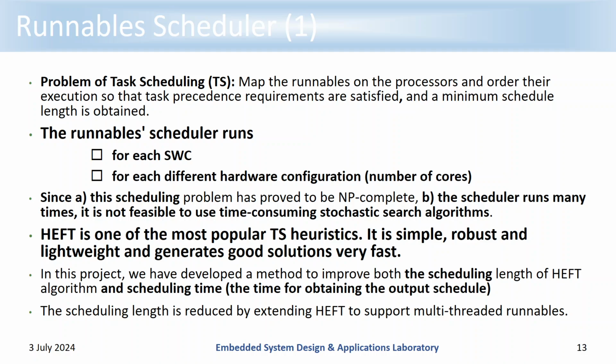In this project, we have developed a method to improve both the scheduling time, which is the time for obtaining the output schedule. We will not discuss this here because of time limits. And the scheduling length of the HEFT algorithm. The scheduling length is reduced by extending HEFT to support multi-thread runnables.